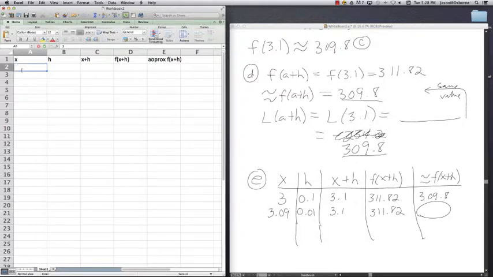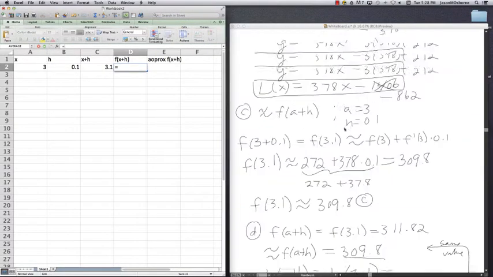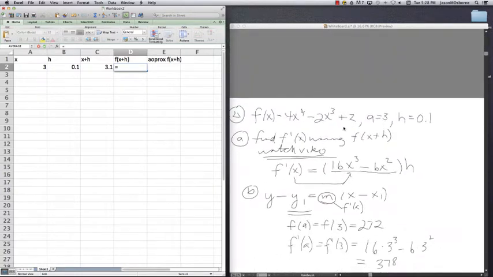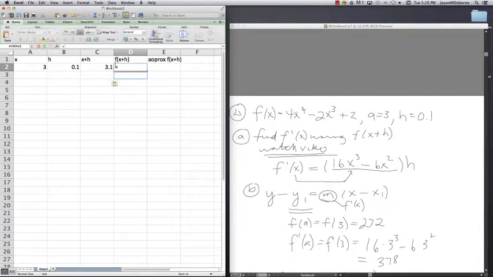And so this was 3, 0.1. You add these two cells together, and that should be 3.1. And this was the value that we found. Sorry, what was our function? Our function was 4x to the 4th. Let's put this function in here.